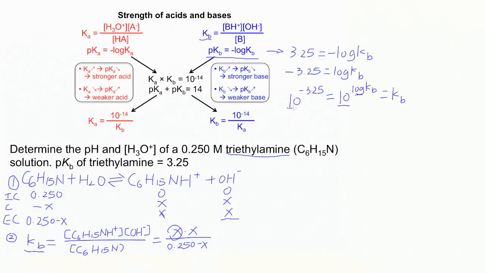So you just need to do the calculation to find out the value of 10 to the negative 3.25, and that's your Kb value. My calculation gave me 5.62 times 10 to the negative 4. Oops, sorry. It should be negative 4.